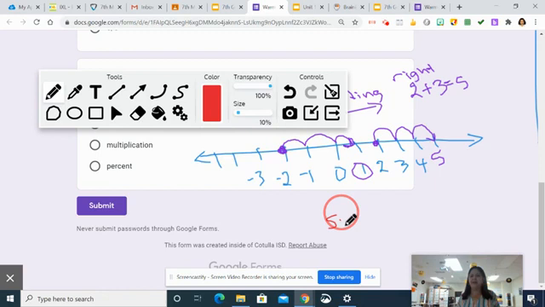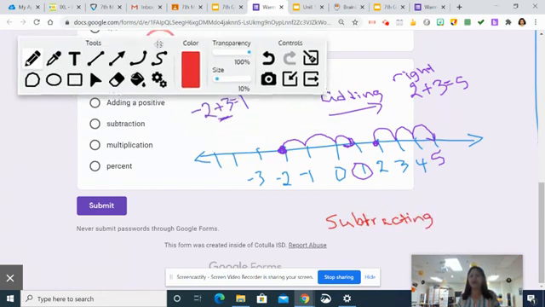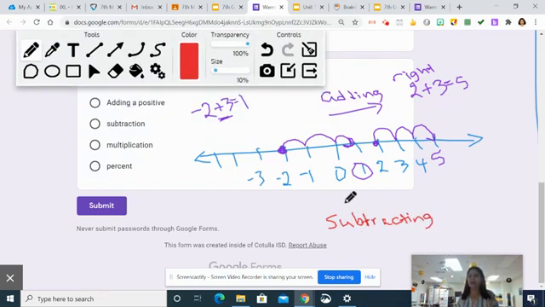Let's go back to elementary. When you learned to subtract, which direction were we going? We were going left. Anytime you were subtracting, you were going left.